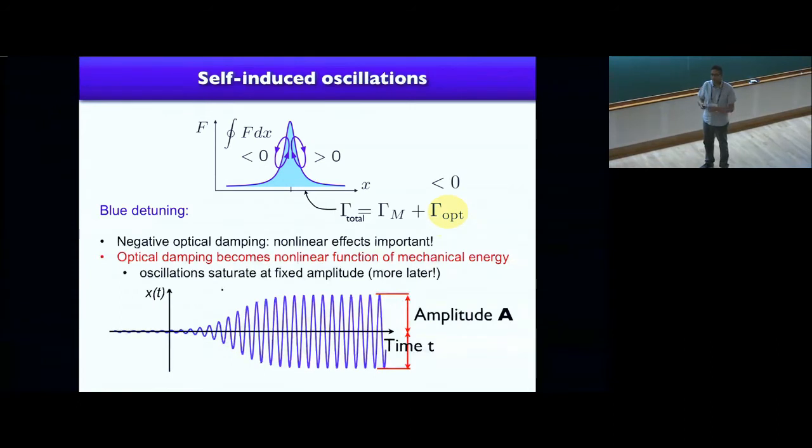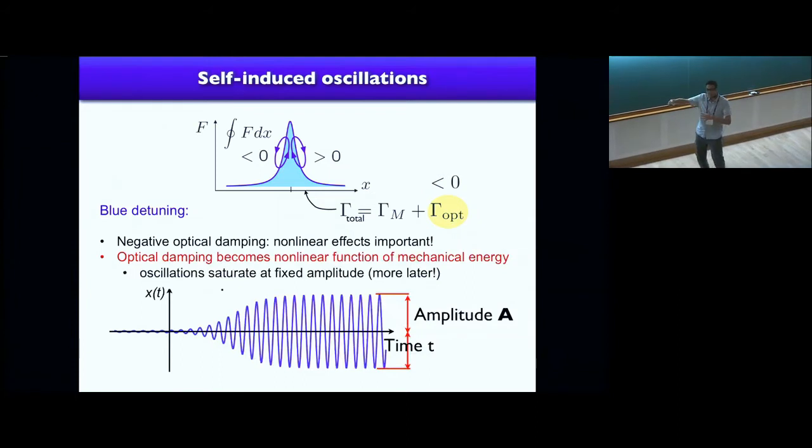So this turns out to be an interesting thing, because even for a weak coupling system, you can get pushed into sort of strong coupling. At some point, the amplitude of these oscillations is going to saturate. In the ideal case, where is that coming from? It's coming from the intrinsic nonlinearity of the system.